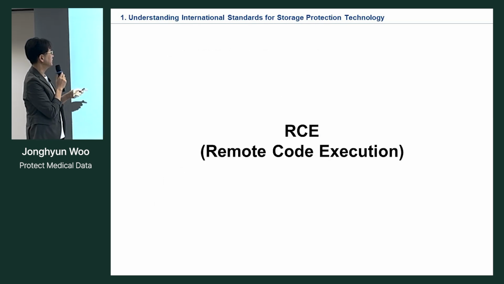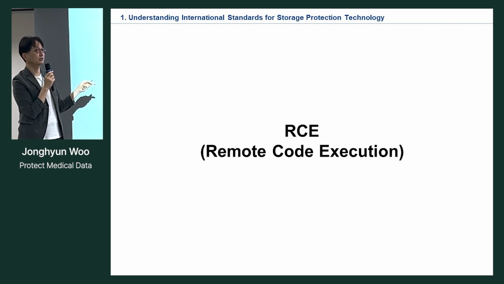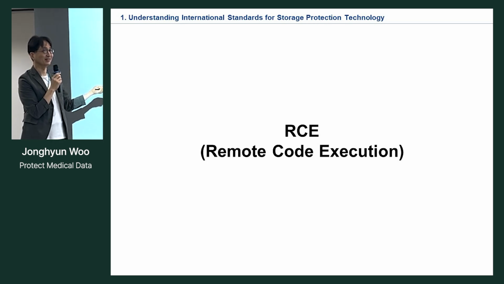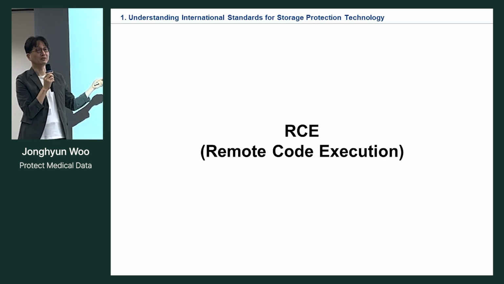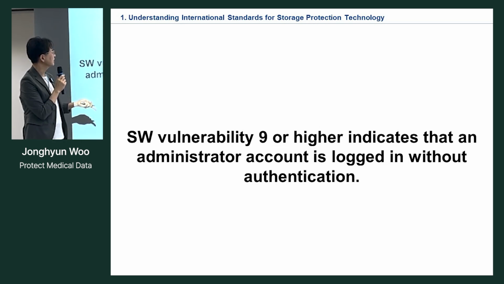Because of that, please, after this class, ask ChatGPT. I think it would explain more than I do. But anyway, remote code execution is one of the critical matters so far.